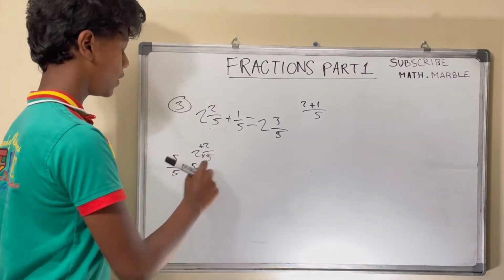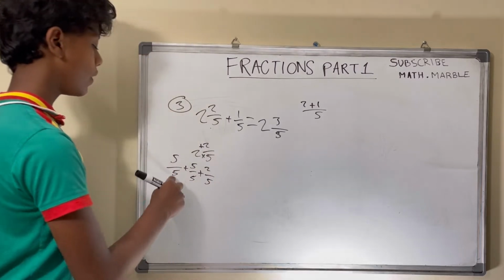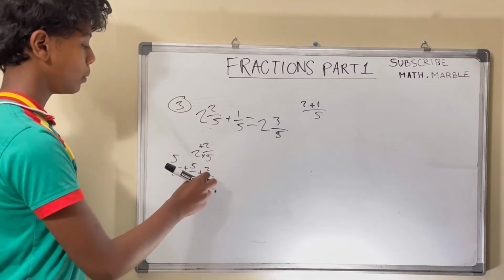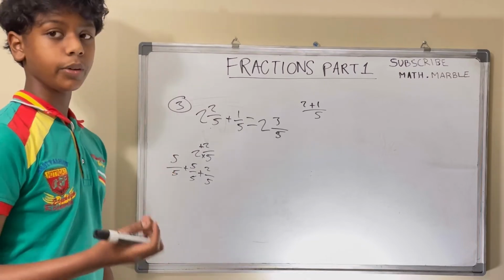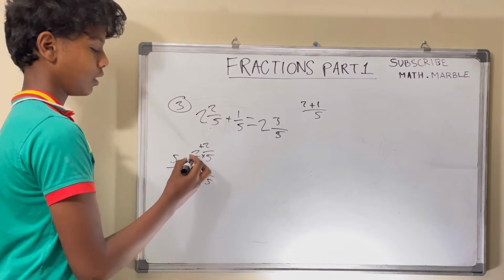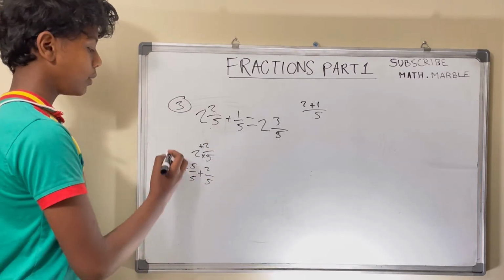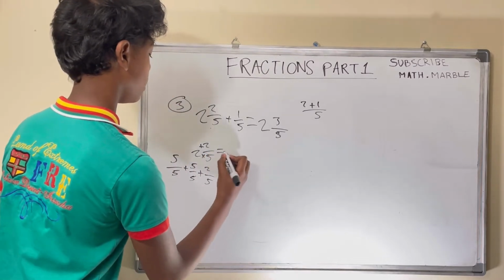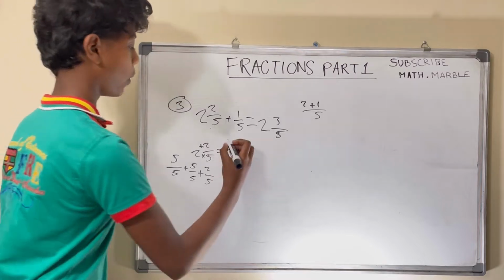And now we have a 2/5, right? That's the same as saying plus 2/5. 5/5 plus 5/5 plus 2/5. Now, when it's a mixed fraction, the easier way of doing it is just multiplying the denominator by the whole number and adding the numerator. So when we do this, 5 times 2 is 10. 10 plus 2 is 12.